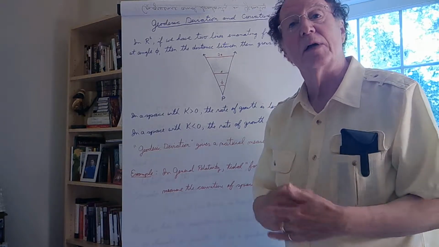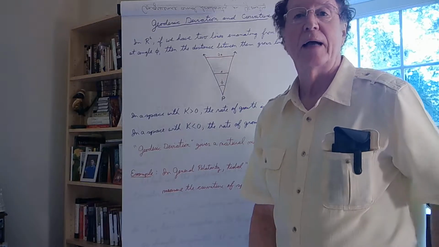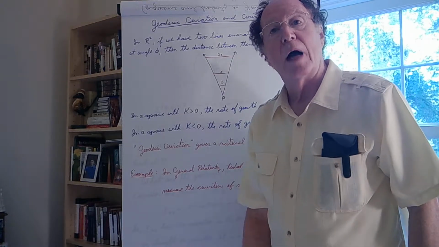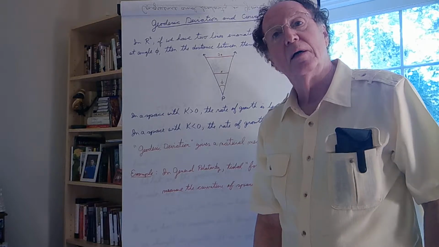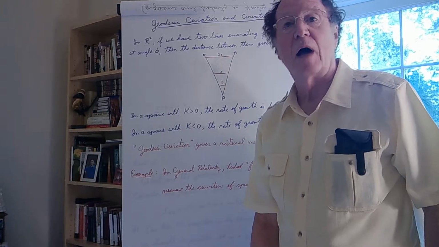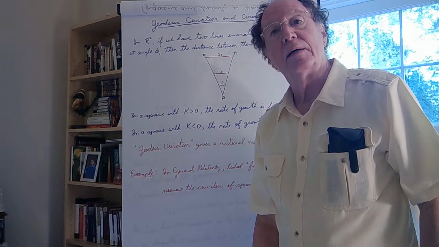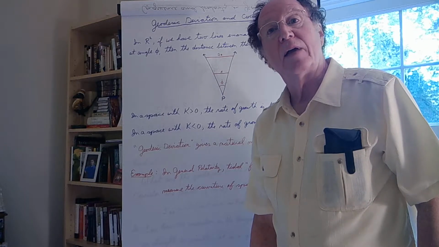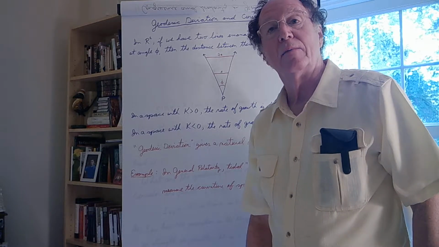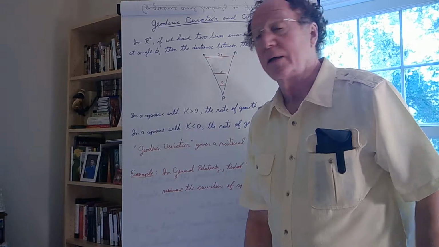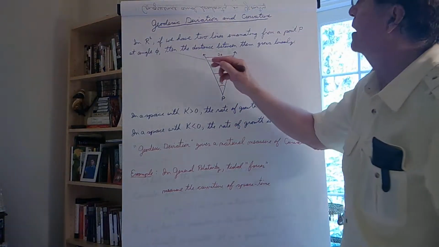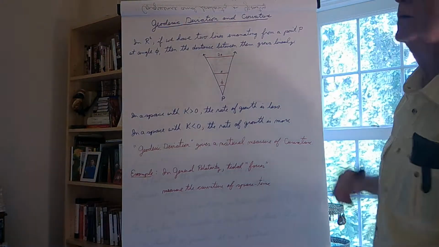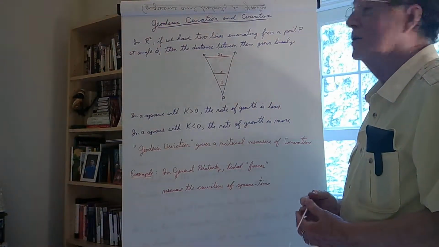We'll be studying it here just in the context of classical differential geometry, and we'll want to develop differential equations to describe the rate at which geodesics deviate from one another as we move along in the space. So here's the situation in R2. We have two straight lines. Those are geodesics.